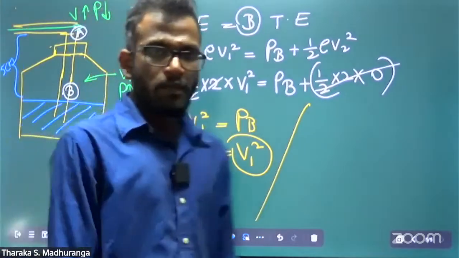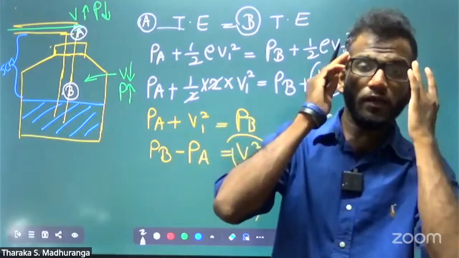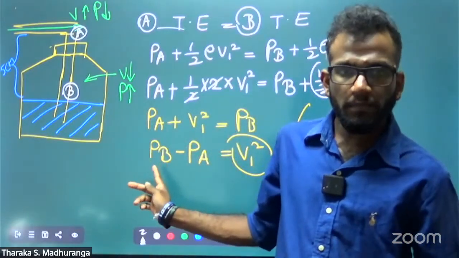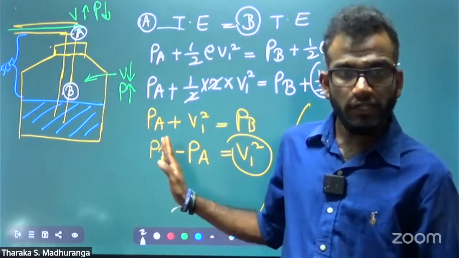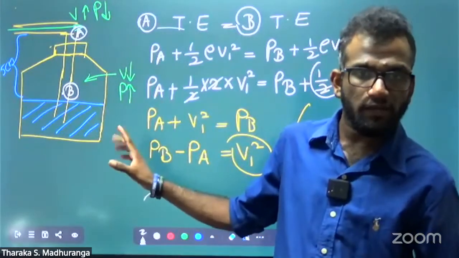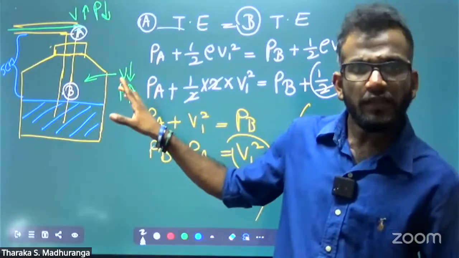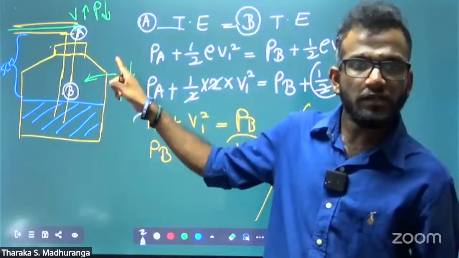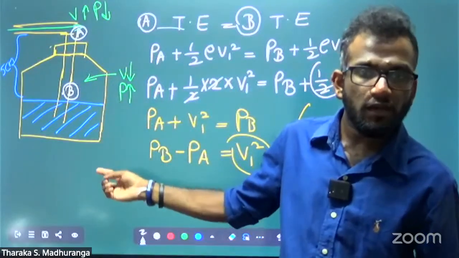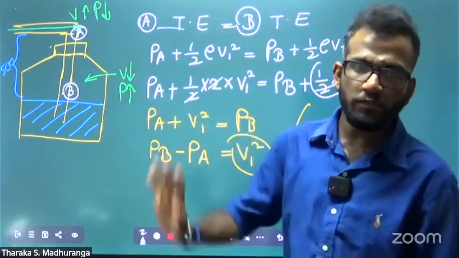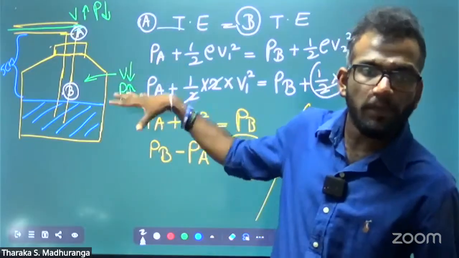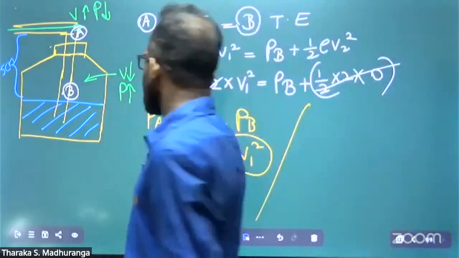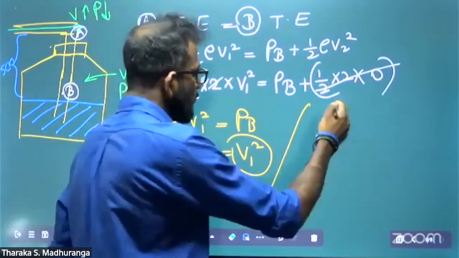If we can maintain this pressure difference PB minus PA with this speed, that is enough for this liquid to come up the hydraulic tube into the nozzle and make a spray. This PB minus PA pressure, its value is V1 squared.